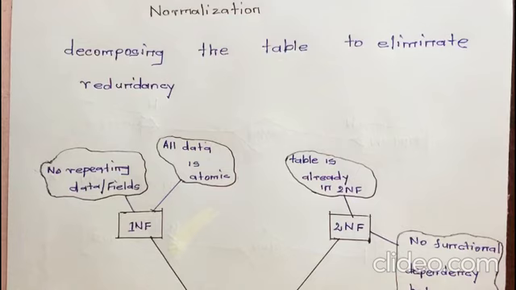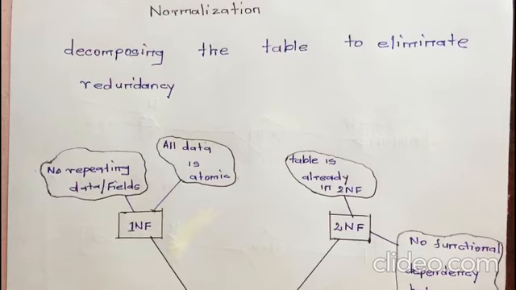So, there are several normalization forms, but normally we only consider the first three normalization forms. The evolution of normalization theory is illustrated as first normal form, second normal form, third normal form, BCNF, fourth normal form, fifth normal form, and finally the sixth normal form.